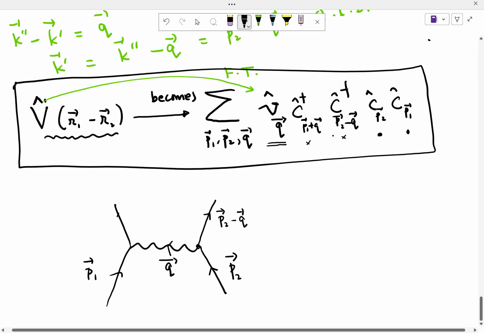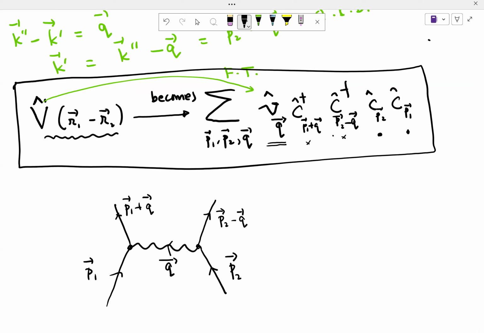And the second particle moves away with an enhanced momentum P1 plus Q. So there is an exchange of a quasi-particle between the two electrons, which accounts for the interaction. So this is the general scheme of how we create two particle interactions and express them in the second quantization form.